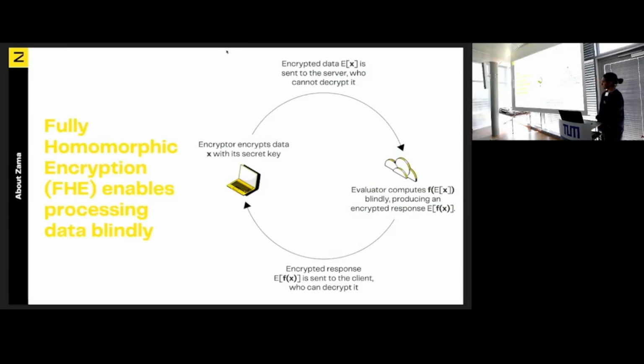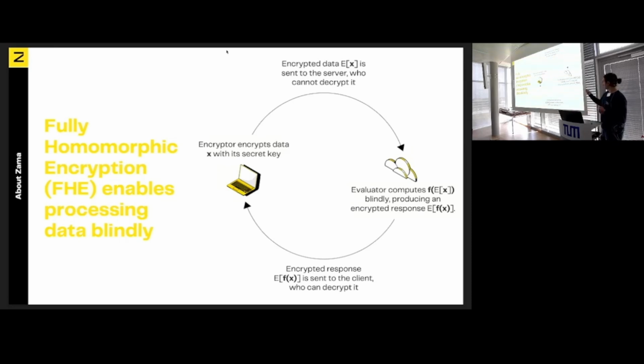All right, so fully homomorphic encryption, or FHE, is a type of encryption that allows computation to be done over encrypted data. So in this classical scenario where a user wants to offload computation over sensitive data to a server, it can encrypt its data X with its secret key that it generated, send over the encryption of X together with the public key to a server, which can then evaluate any function F over the encryption of X. And the result will be the encryption of the function F evaluated at X. And so this is where the homomorphism comes into play.